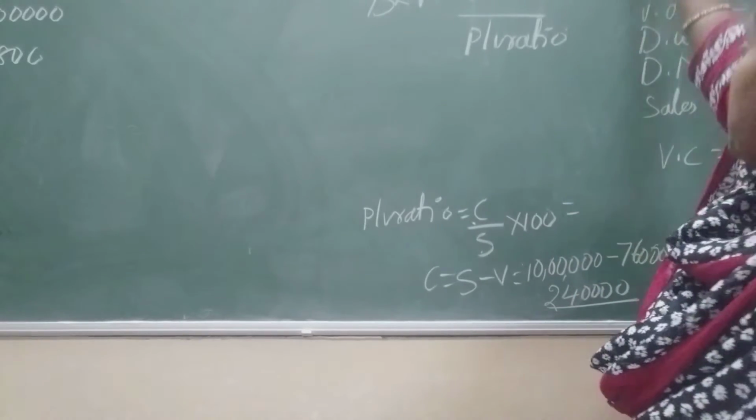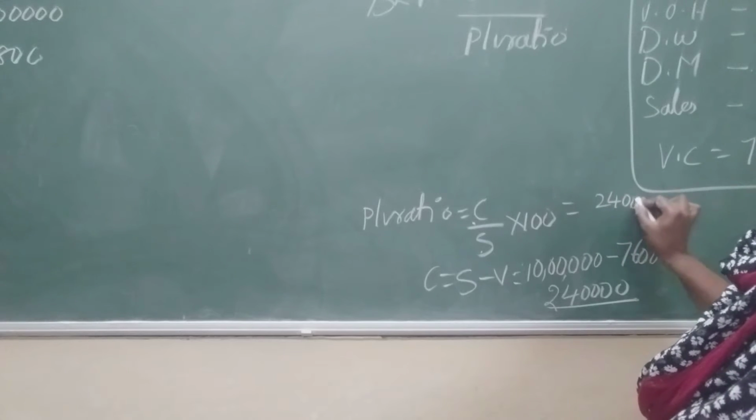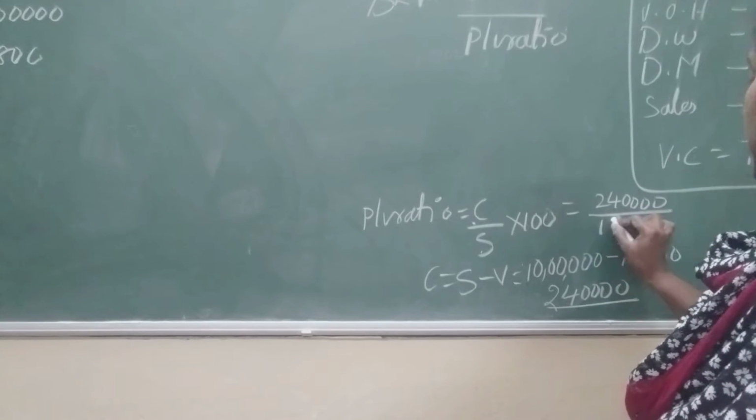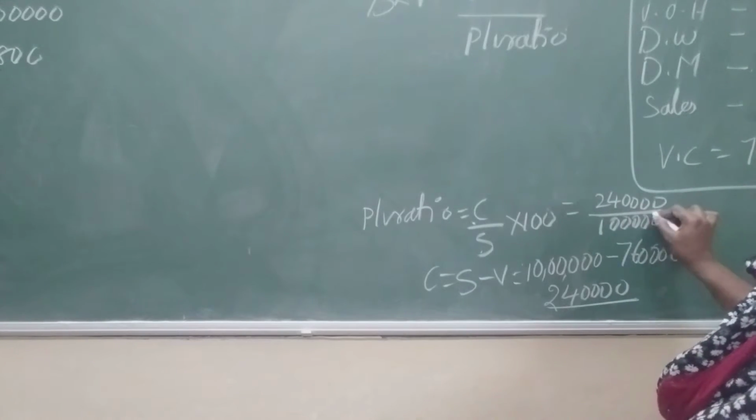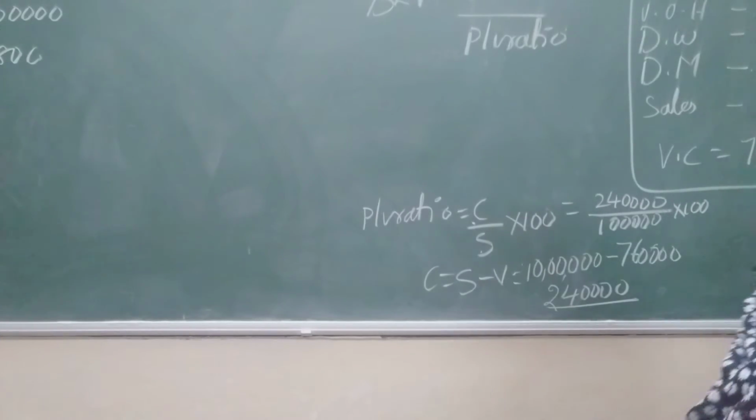Okay, I am applying here: 2,40,000 divided by 10 lakhs, into 100. You are able to understand the point here.